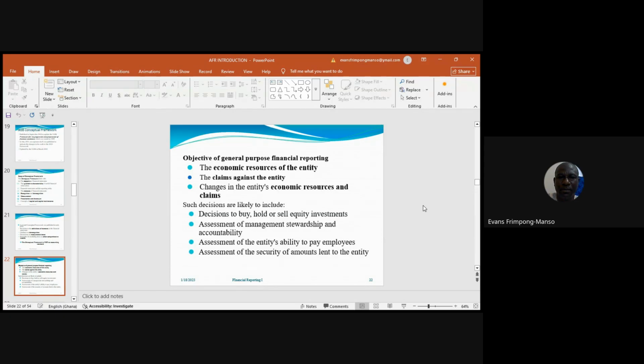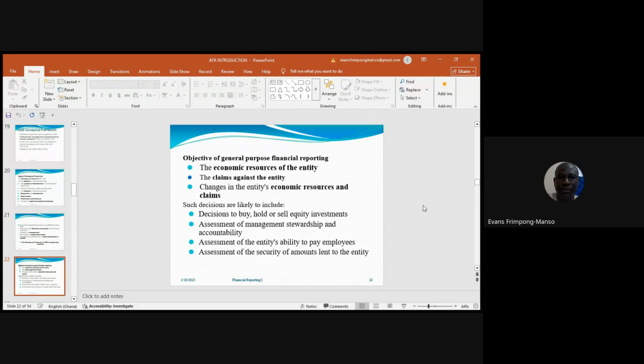They will be able to do that where they know the economic resources of the entity. Now, when I say the economic resources of the entity, I am talking about the assets. Know the claims against the entity, and the claims against the entity are the liabilities.